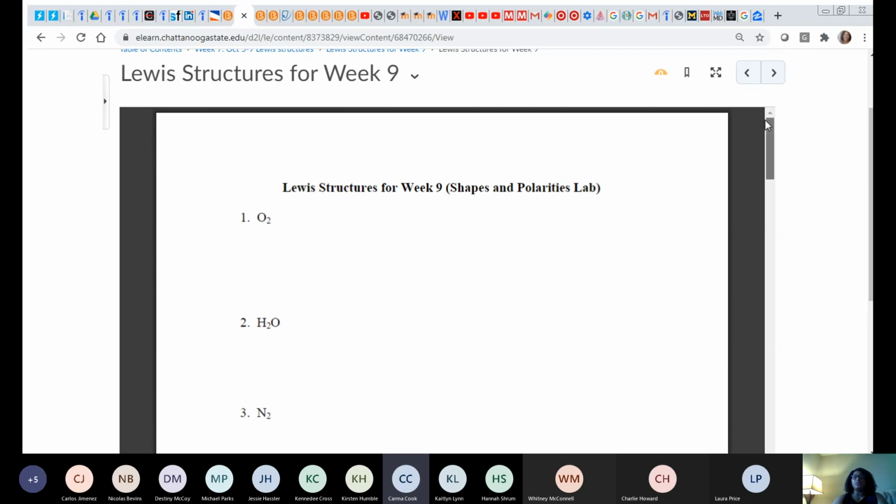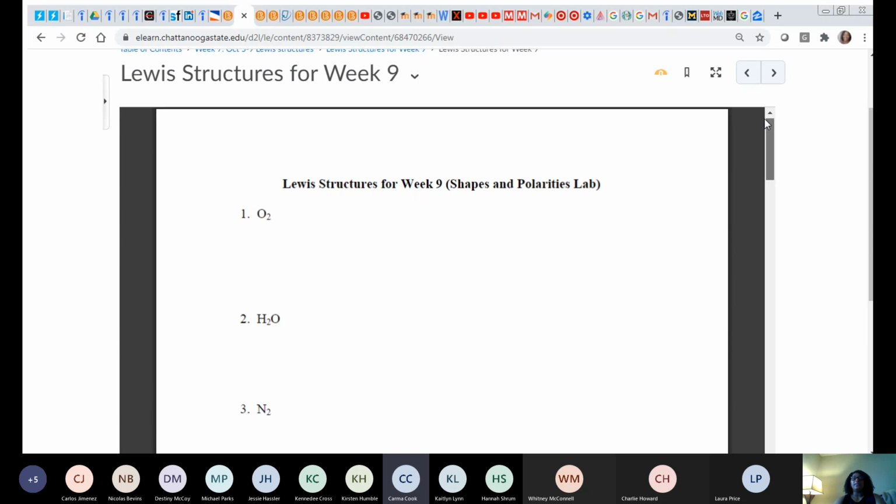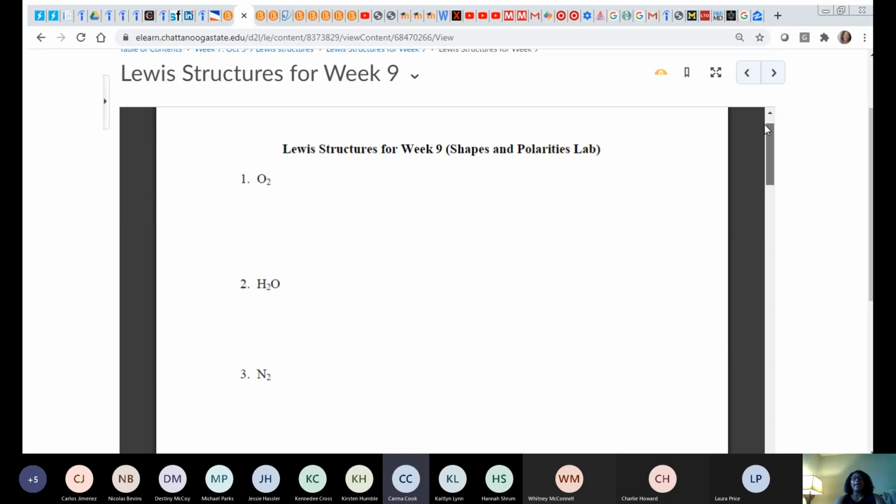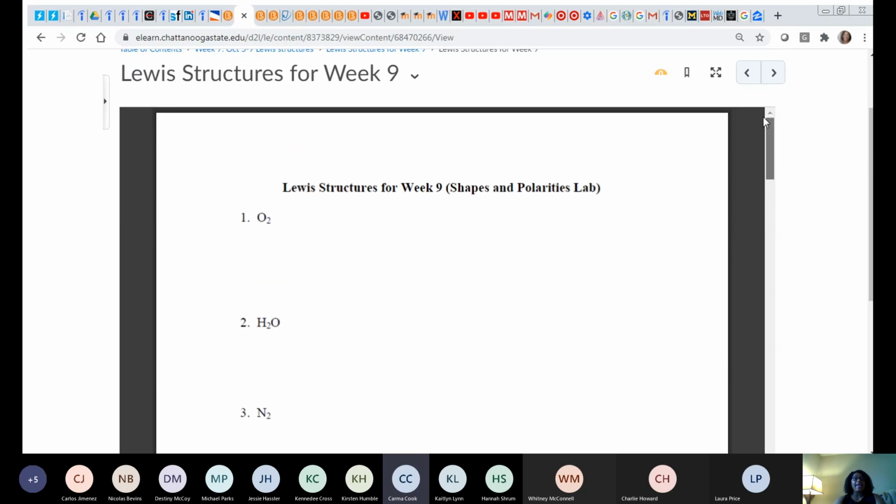For these Lewis structures, we're going to be determining the electron geometry, molecular geometry, and polarity during week 9, okay? So all you need to start working on today, after you complete the data sheet for week 7, is these Lewis structures for week 9. In my class yesterday, I gave them the option to stay around the entire time and work on these.